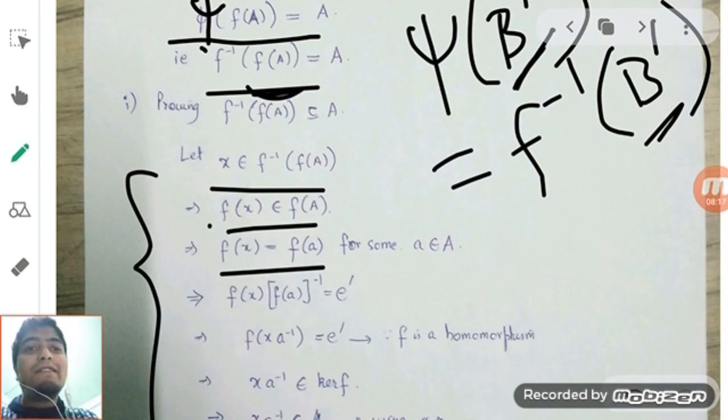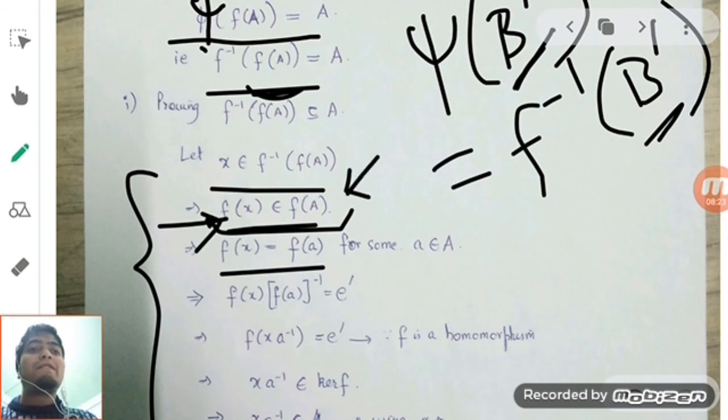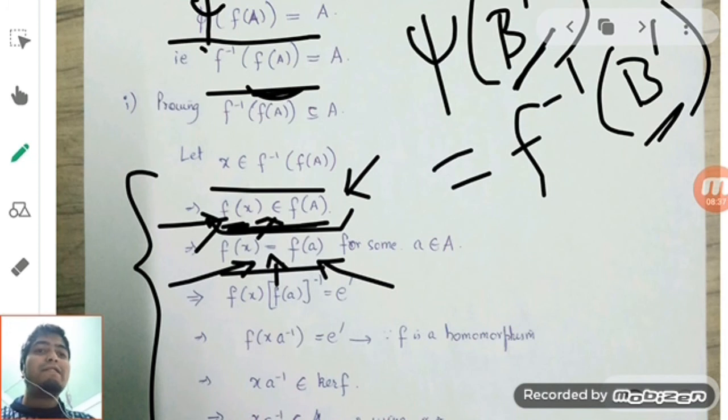It just belongs to F(A) because this is an element and this is a set. You need some equality, so that's why we are using this one: F(x) equals an element, for some a belongs to A.